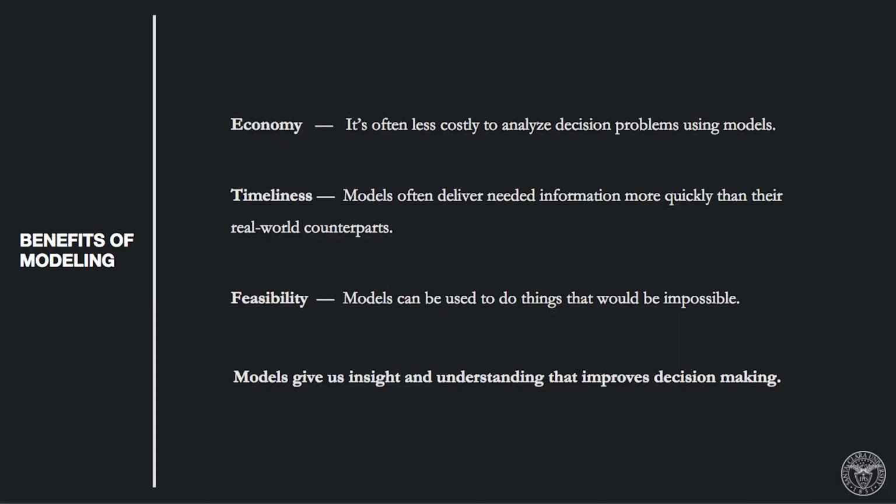The reason we apply different types of mathematical modeling is that they give us different advantages. The first advantage is economics. It means we can save money by using those mathematical models. Let's consider a case: Amazon optimal pricing.